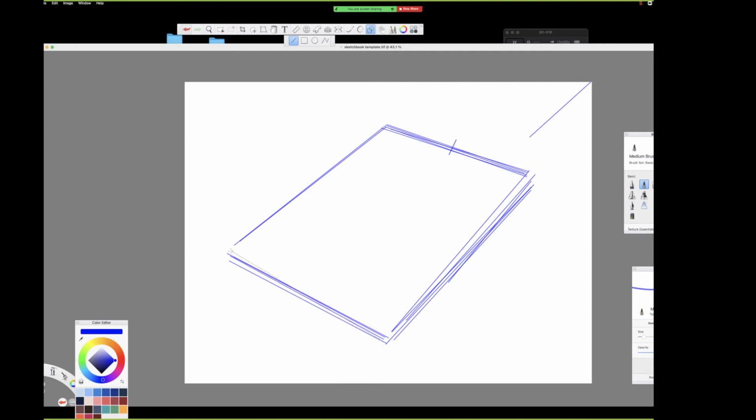Flatter meaning more towards horizontal. Why would this edge of the book back here be more towards horizontal than the front one right here? The front edge? Yeah.